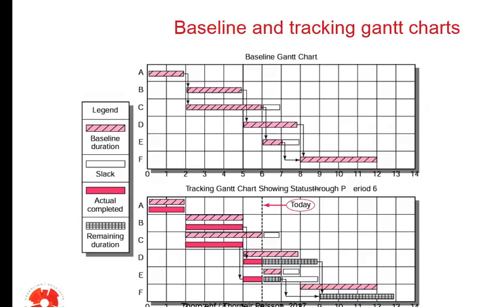That one cannot start until D is finished, for example, as you can see here. So this chart tells us much more than this one. This one tells us really accurately in terms of time how we are doing. And sorry to say, we are 1 time unit behind schedule.